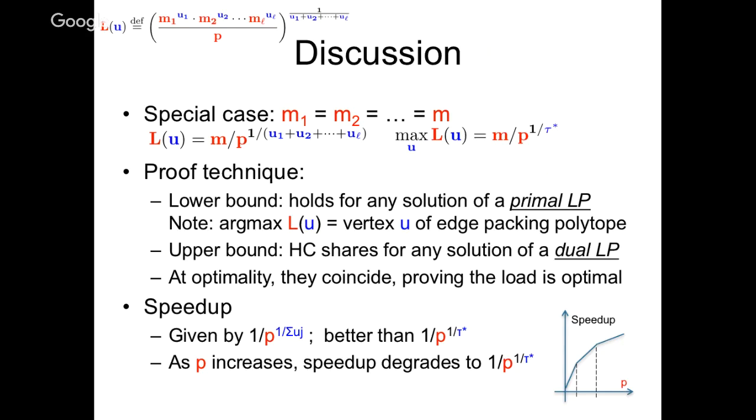This graph shows you that as P increases, you are forced to move this vertex of the fractional edge packing polytope closer and closer to the optimal, which essentially is bad because you're forced to reduce the speed up from something that's possibly good to 1 by P to the 1 by tau star, which is kind of the slowest speed up you can expect for that query.